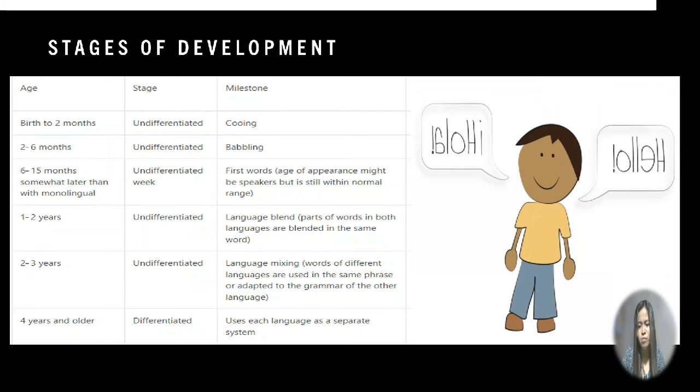For example, the child may know an object's name in one language but not the other, or use words from both languages in a single sentence, which is language mixing, or use word stems of one language with prefixes and suffixes from another language, which is called language blending.